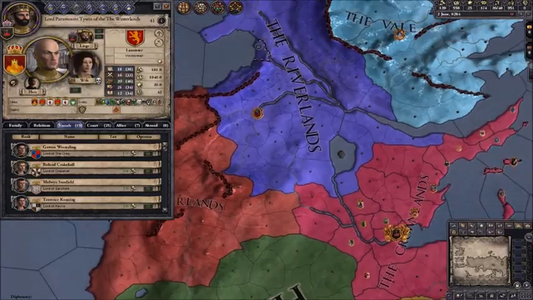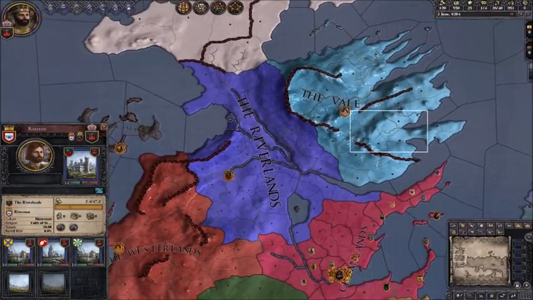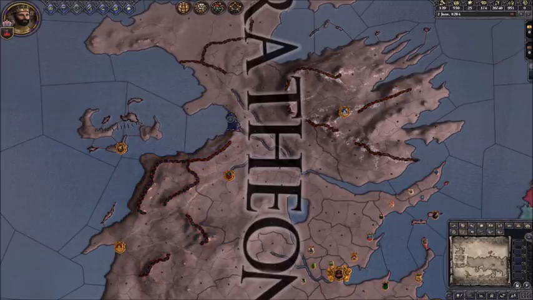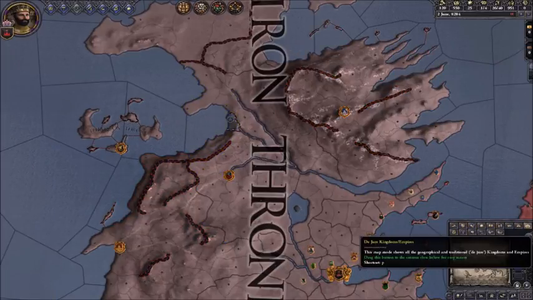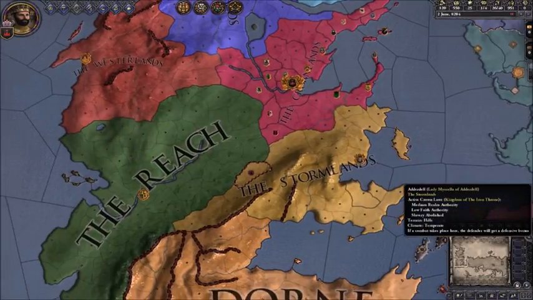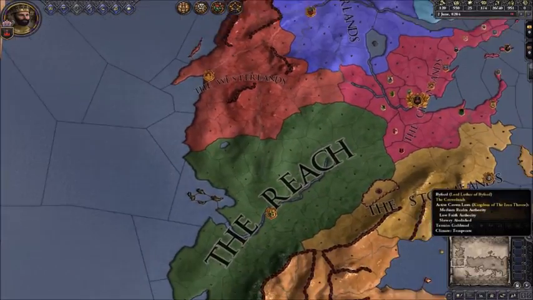So all the great houses, be they the Tullys or the others, are all de facto kings. All the great houses control a kingdom of varying size and power. So it's important to keep that in mind.